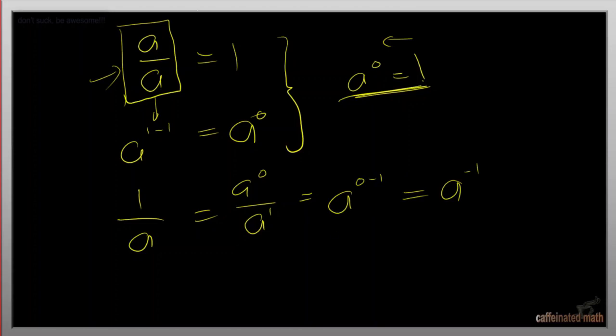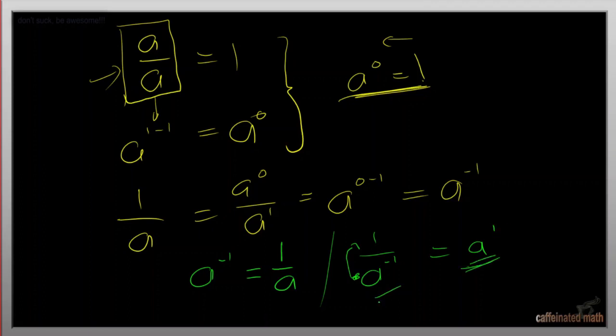So putting that all together, we find that a to the power negative 1 is just equal to 1 over a. If we reverse that, 1 over a to the power negative 1 is then going to be equal to a. So another way to look at it, if I move the base from the denominator to the numerator, or vice versa, the sign of the exponent will change.